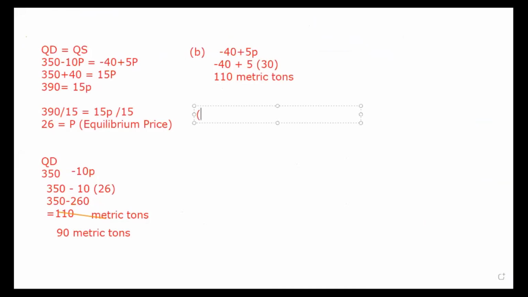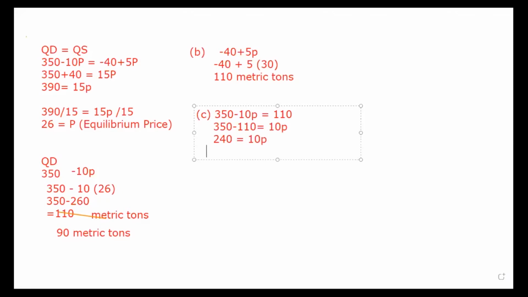They're asking how much you can sell to these consumers. So quantity demand was 350 minus 10p, the formula. So I'm going to take the 110 metric tons. So if I take 110 to the other side, it will become 350 minus 110 is equal to 10p. And I will take 240 is equal to 10p.